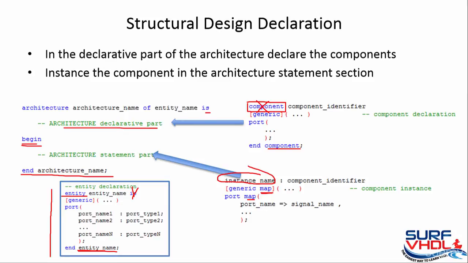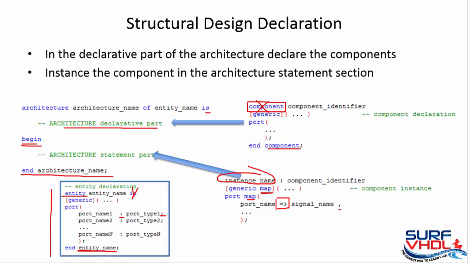In order to map generic and port, replace the comma with the two symbols equal greater than and put the signal name, and replace the semicolon with a comma.